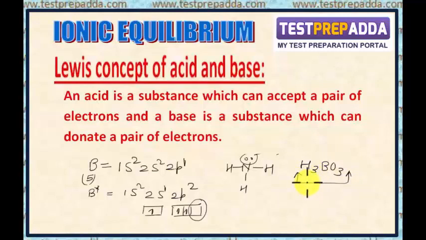So if I dissolve H3BO3 in water, it takes OH minus of water and becomes B(OH)4 minus plus H plus, and this way this H3BO3 boric acid shows the acidic character. So keep in mind H3BO3 is not a Lowry Bronsted acid, it is a Lewis acid.